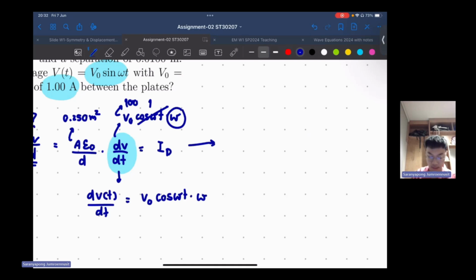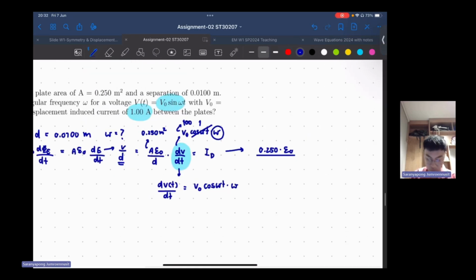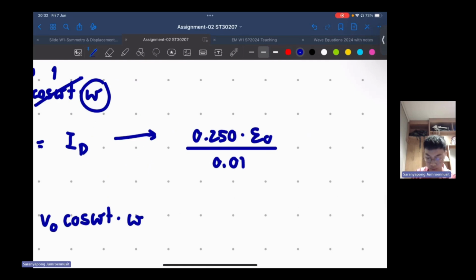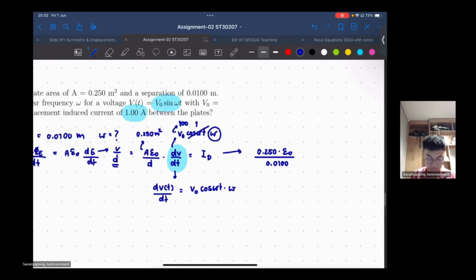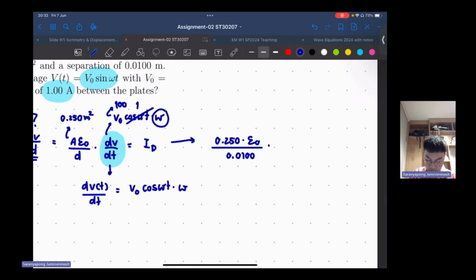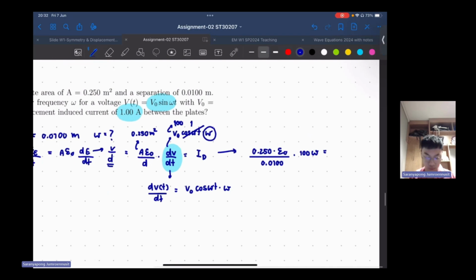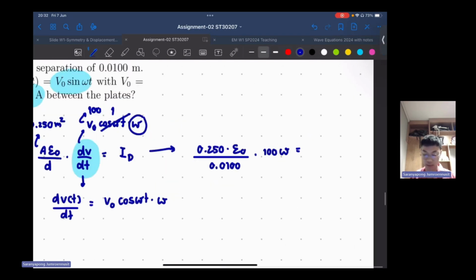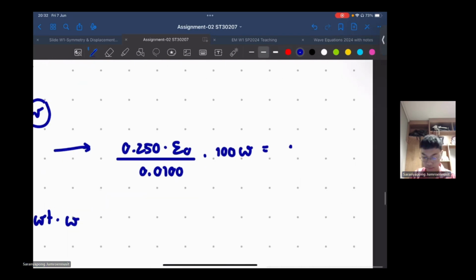And when we summarize all the information, we will get this equation. The separation value is 0.01, and dV by dt is 100 volts times omega. And we know that the displacement current is 1 ampere.